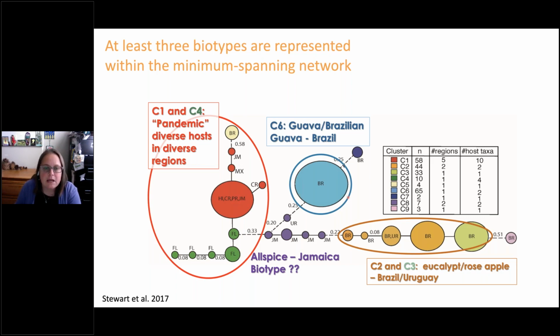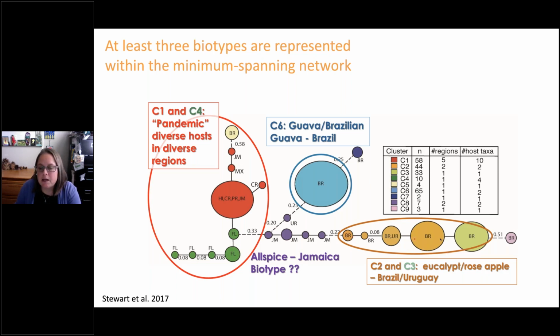We also had another biotype that's called the Brazilian guava biotype. And this is really interesting because this is only comprised of a single genotype that represented 65 different individuals. And then we have a third biotype, C2 and C3, that we designated the eucalypt rose apple biotype from Brazil and Uruguay.